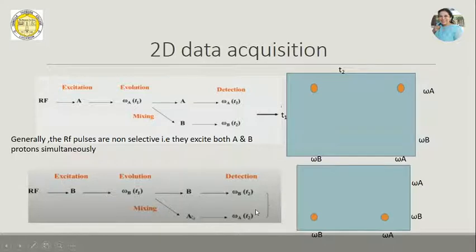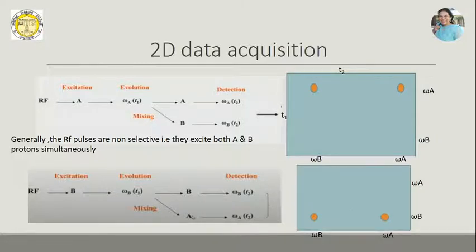When a Fourier transform is applied, two signals will be detected. The first is from cos omega B t1 multiplied by cos omega B t2, and the second is from cos omega B t1 multiplied by cos omega A t2. So in total we will have 4 FIDs and thus 4 spots will appear in the 2D NMR.